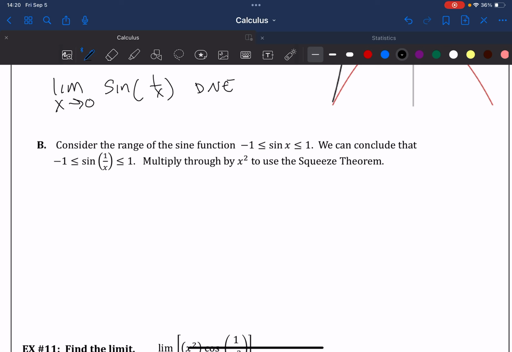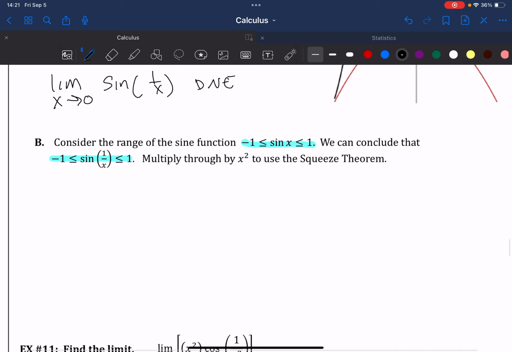Well, if we know the range of our original trig function, in this case, sine is between -1 and 1, then we also know that sine of 1 over x is going to be within that range. So if we multiply every part by x squared and use the squeeze theorem, we will be able to get the limit.